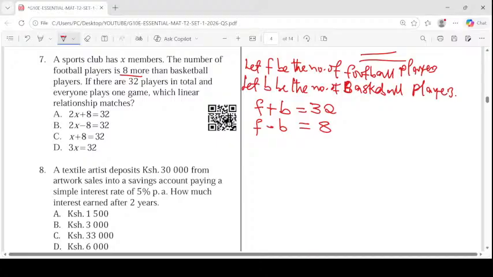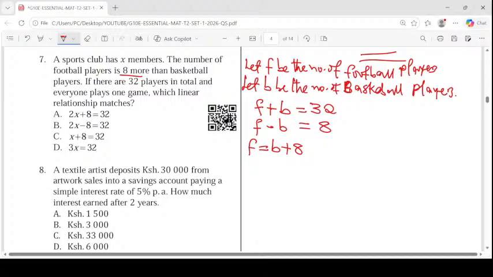I've said F minus B is 8 and F plus B is 32. So if F minus B is 8, let me make the F here the subject of the formula. In equation 2, I can have F being equivalent to B plus 8.